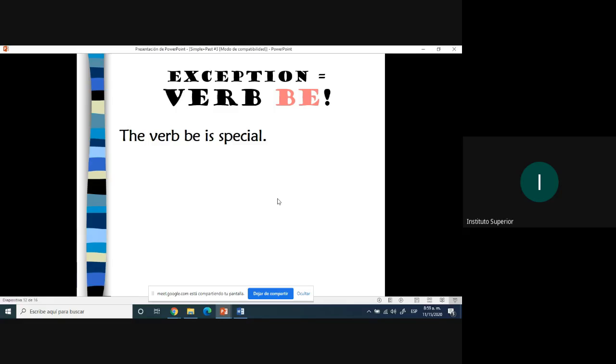Yo digo que es un rebelde sin causa. Now, would you please remind me what happens with the verb be in the simple past? ¿Qué recuerdan sobre cómo se crean las oraciones en el tiempo pasado con el verbo be? ¿Qué hay de especial? Help me out.